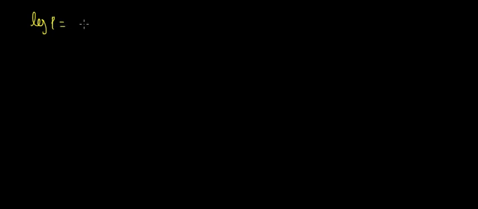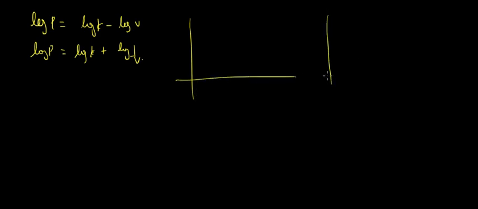So log P was equal to log K minus log V, or we can write log P as log K plus log 1 upon V. Okay, so we can see the graph for the two.